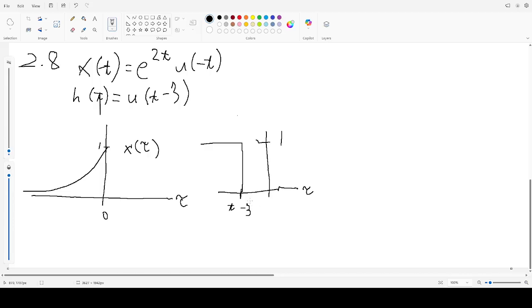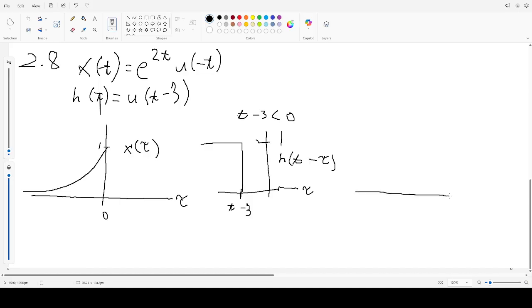So for any value of t, doesn't matter what little t is, there are going to be regions of overlap between these. So this is h of t minus tau if t minus 3 is less than 0.